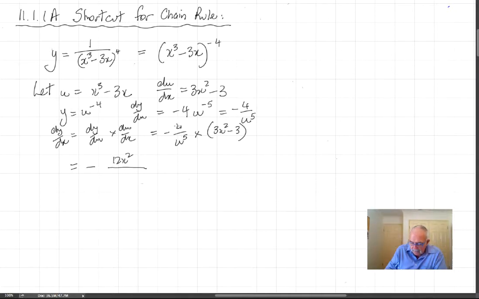So we're leaving the negative out the front, and if you like, we've got another bracket like that, and so we just multiply the positive 4 times that, 12x squared minus 12 all over, now u to the power of 5, u is x cubed minus 3x, so it'll be x cubed minus 3x all raised to the power of 5. Okay, and that's about as far as you need to go.